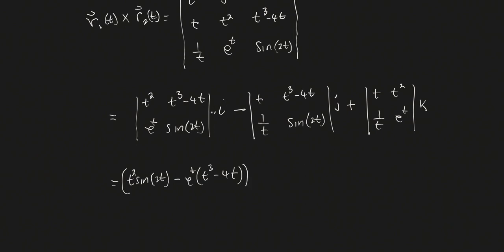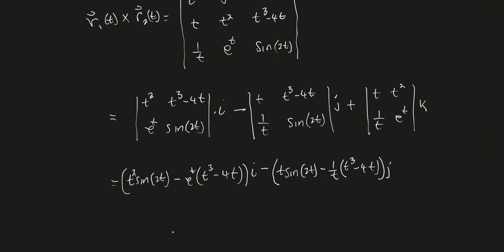And it's important that we remember to keep the components now, right? So this is the first component of the cross product. Then let's do our minus, and then let's see what happens for the second component. So we have t times the sine of 2t, and then minus 1 over t times the quantity t cubed minus 4t, and then times j.